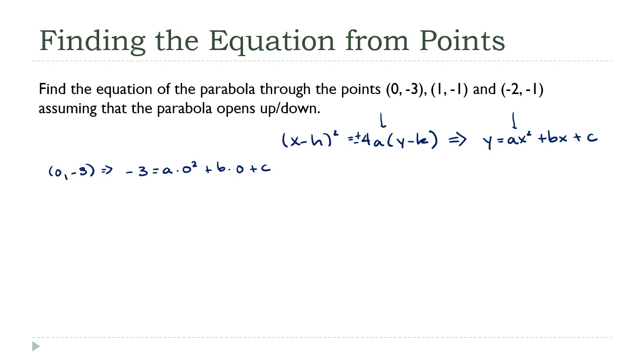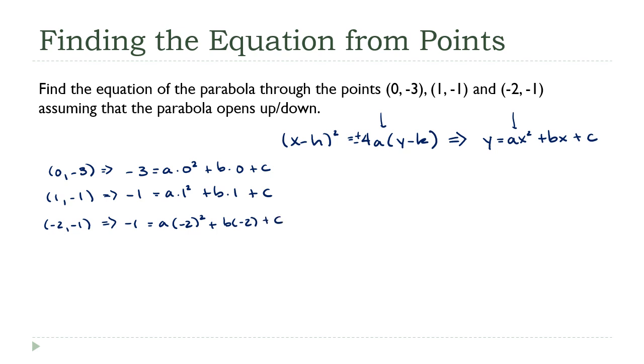And if I put in (1, -1), I get -1 = a(1)² + b(1) + c. And finally, if I put in (-2, -1), I get -1 = a(-2)² + b(-2) + c, being careful with the negatives.